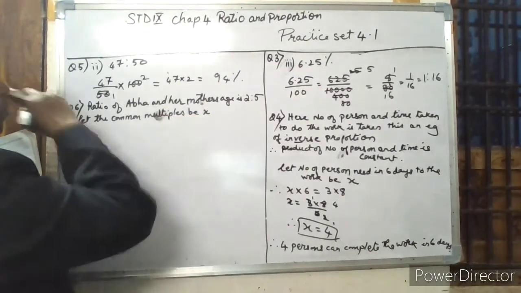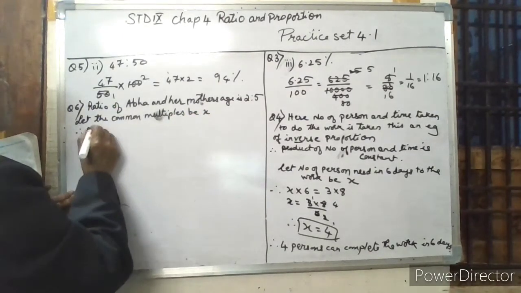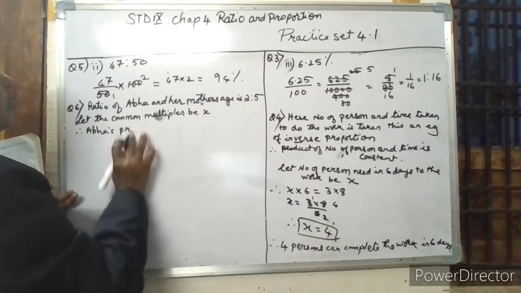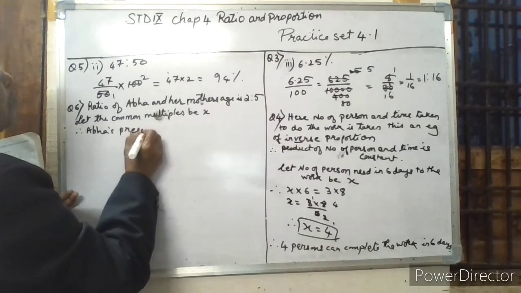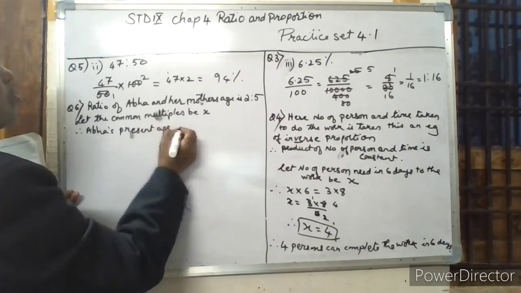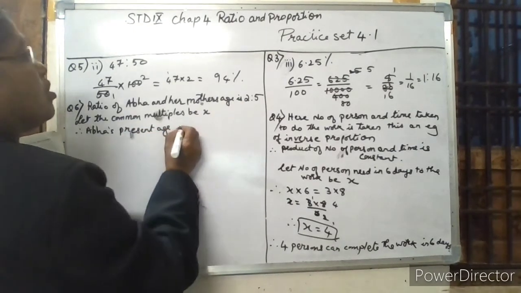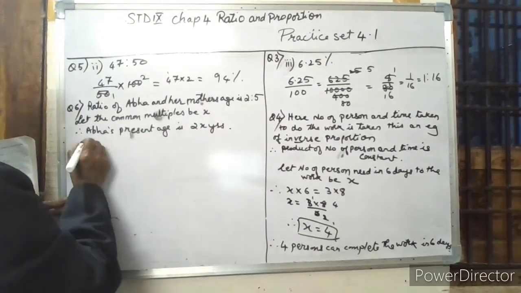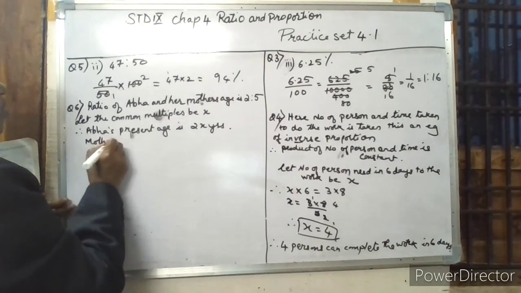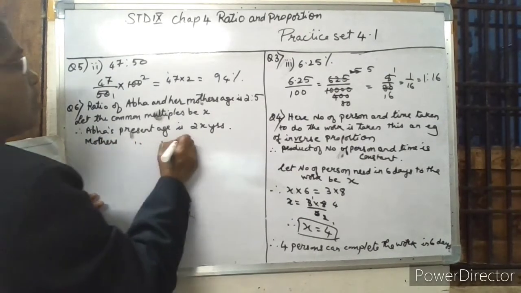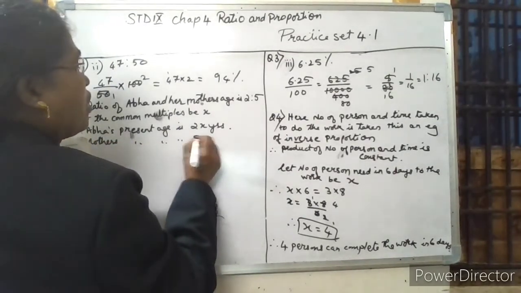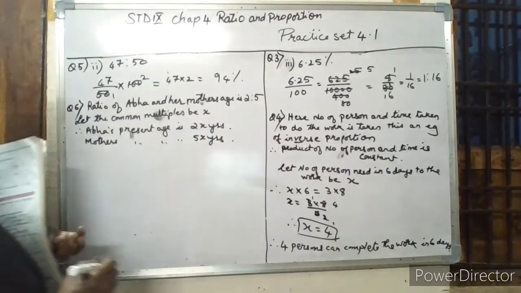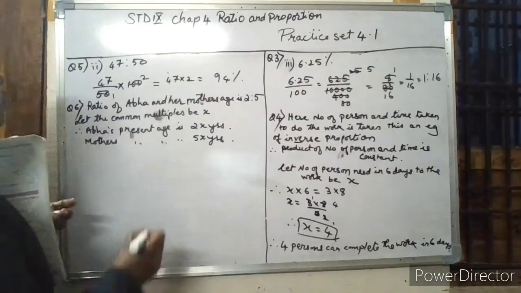Therefore, Abha's present age is 2x years and mother's present age is 5x years.